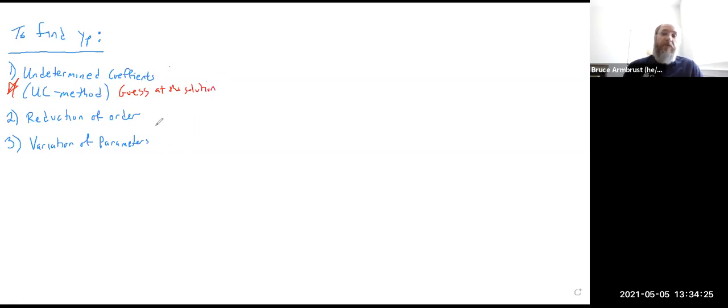This is a really fancy way of saying, well, I don't know what y particular is, but I know what it should look like. So let me guess this form. This is definitely a pattern recognition kind of deal. Now our discussion is going to be centered around those with constant coefficients, so we're going to specifically look at these kinds of differential equations.